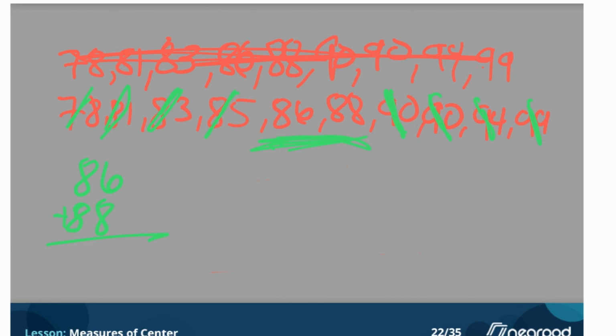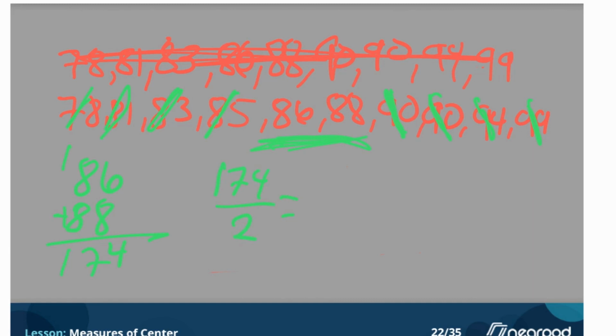You need to find the sum. 8 plus 6 is 14. Carry 1. 8 plus 8 is 16, plus 1, 17. So when I found the sum, I got 174. But that's not your answer. You need to do 174 divided by 2.